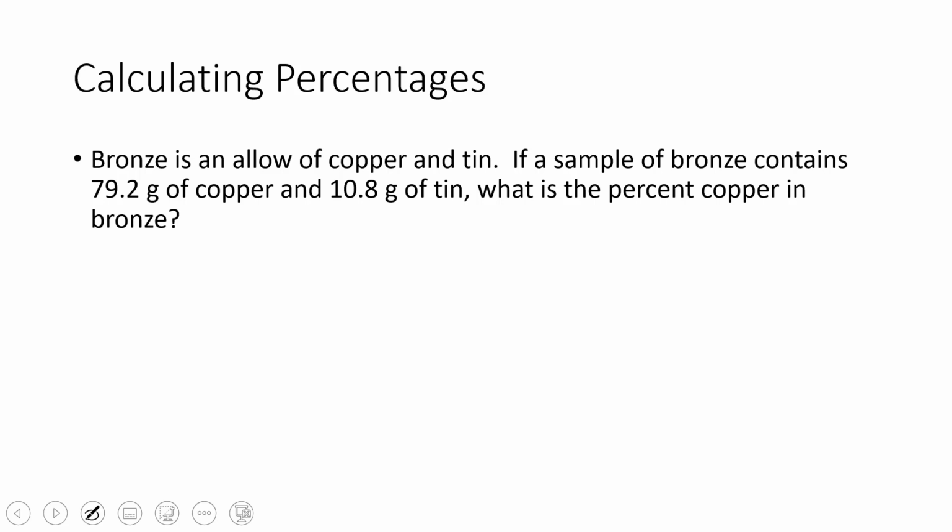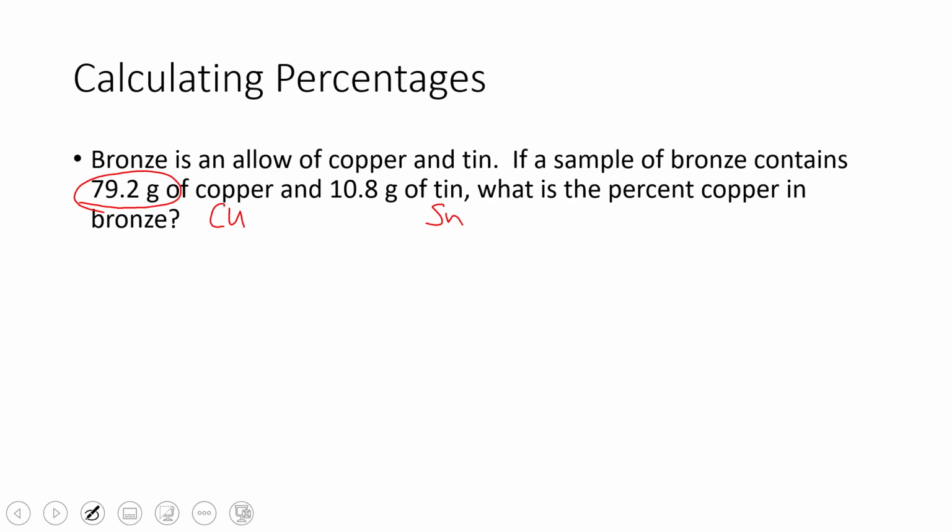So it's a mixture of 2 solids to make bronze. If a sample of bronze contains 79.2 grams of copper, which is Cu, and 10.8 grams of tin, which is Sn, what is the percent of copper in bronze?